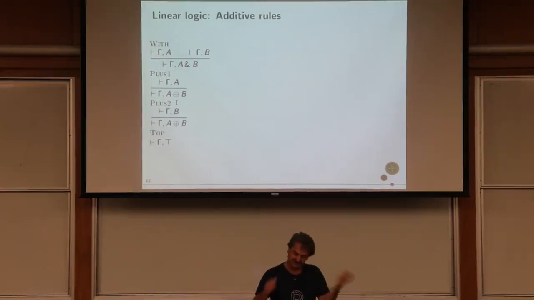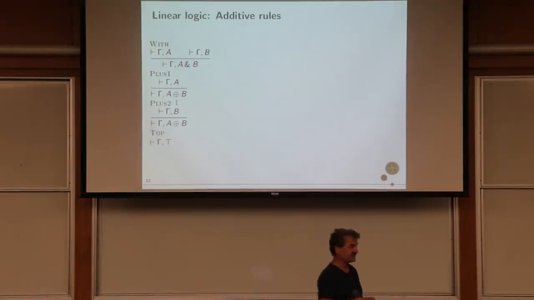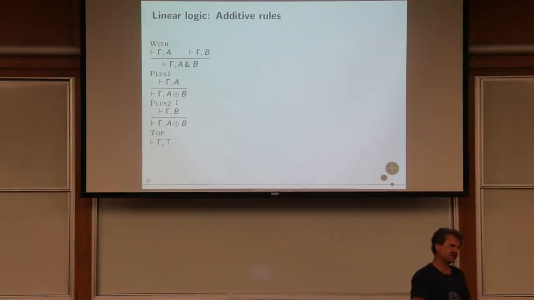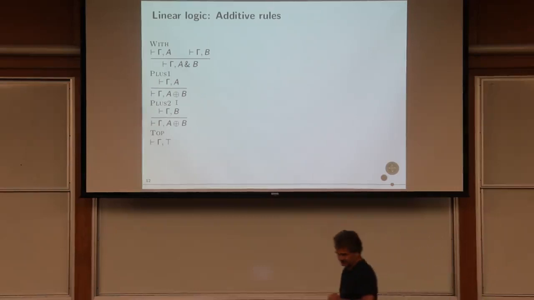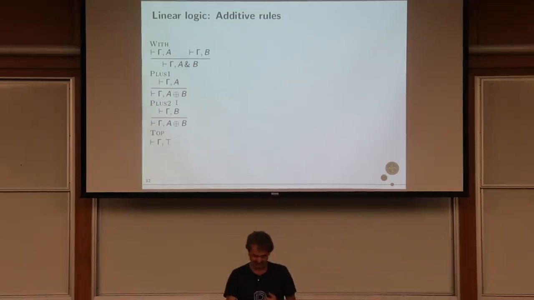If A and B both hold, but they are both pulled out of gamma, you can get both A and B, but not both of them independently. At some point you have to make a choice and choose either one of those, and plus.